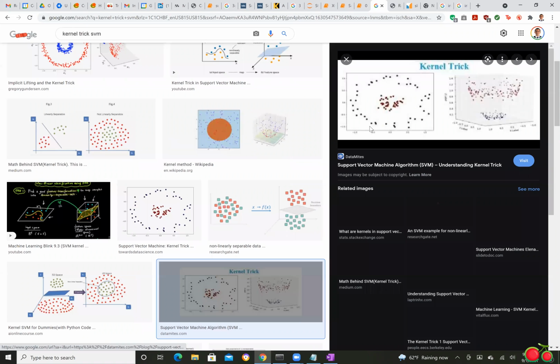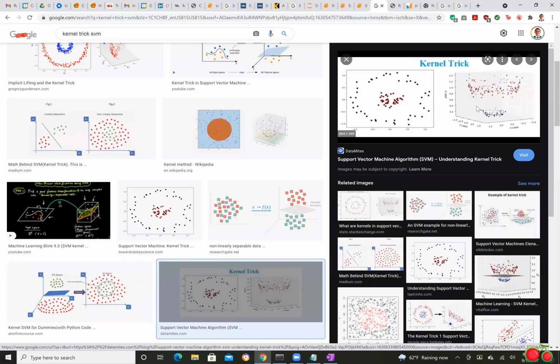Now convert them into a three-dimensional structure. See, the red points are on the bottom, the blue points are on the top, or something like that. Now here there is a gap in vertical space. This is where you can draw your plane which separates out these two groups. Making sense?